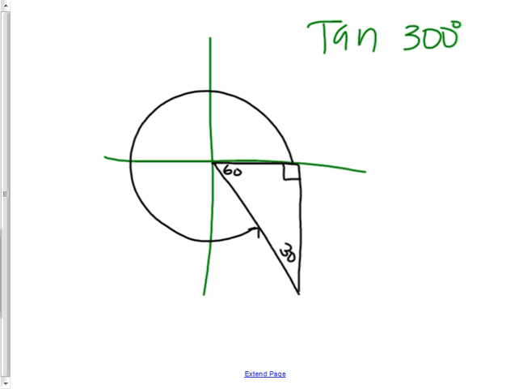And you know how long the sides are. You got to be careful with our negatives, though. Across from the 30, you have a 1. This is the 2, this is the square root of 3. And which one of them is negative? Square root of 3. That one's negative. If you forgot that, you would have screwed up part of the answer then.